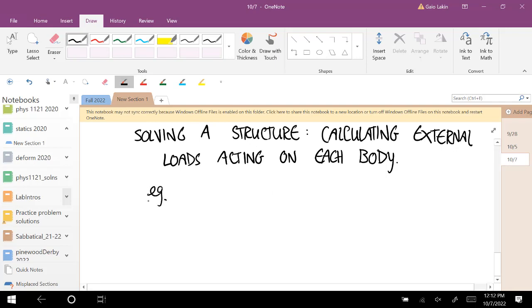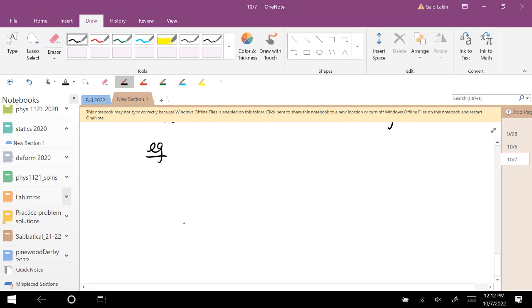For example, this is sort of as simple as a structure can be.